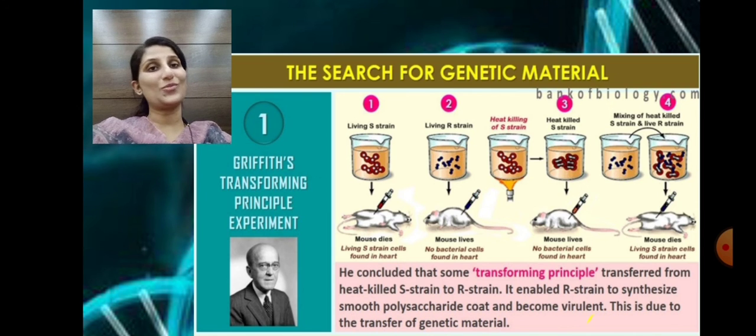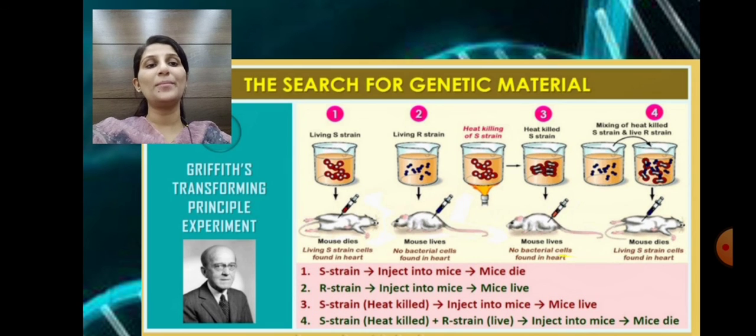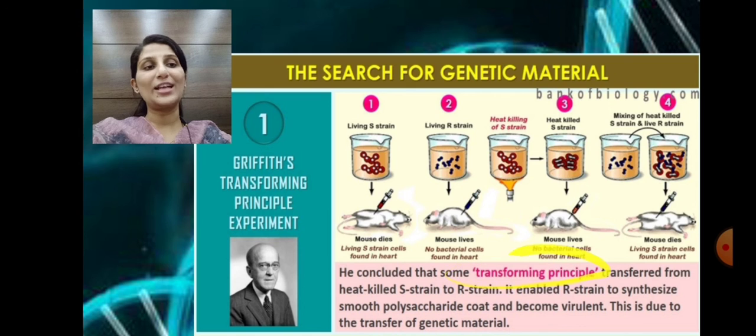This is due to the transfer of the genetic material, and this is called the transforming principle. That is the Griffith's transforming principle experiment, and this was the first experiment in search for the genetic material.